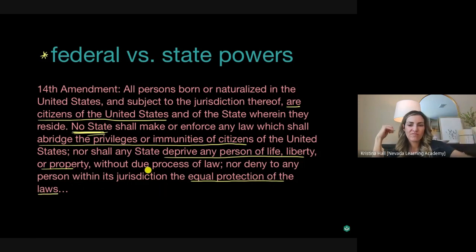The 14th Amendment has been very relevant in some very current debates. This notion that in any state, no state can deprive any person of life, liberty, or property without due process of law. This is often known as the Due Process Clause. And it's this idea that no state can really strip away some of the rights that might be articulated in, say, the Bill of Rights, nor deny to any person within its jurisdiction the equal protection of the laws.